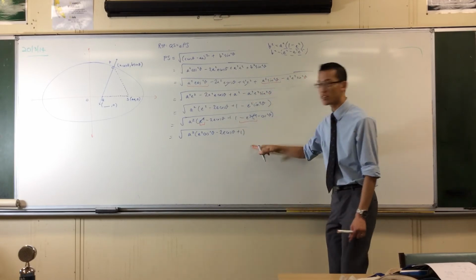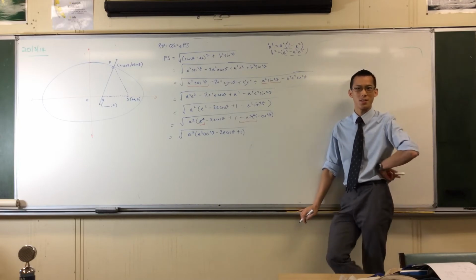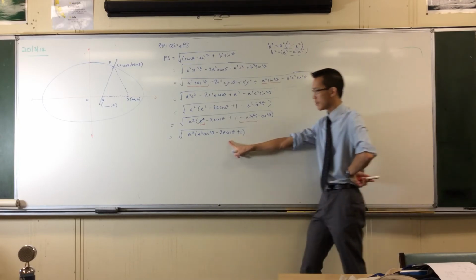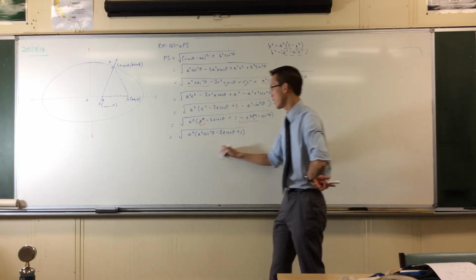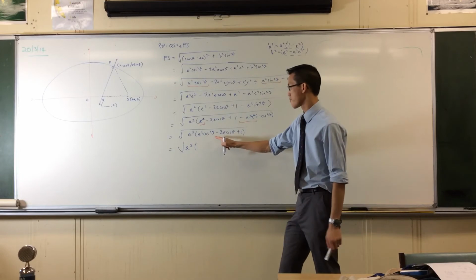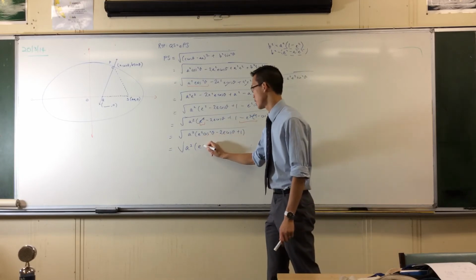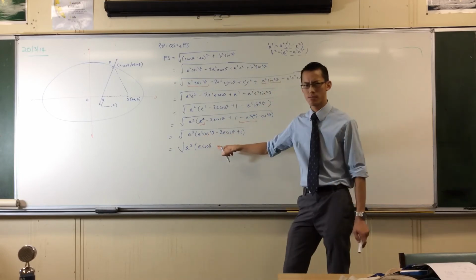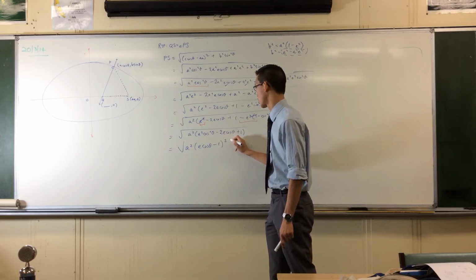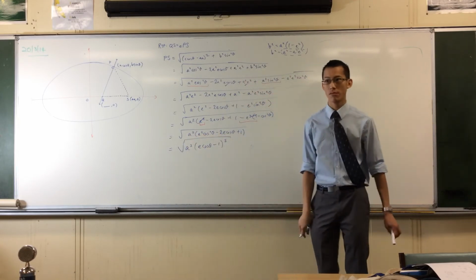Okay, and now that should make you look very suspicious, right? What can I do with this? This is a square, isn't it? This is a square here. So this is the square root of a squared times e cos theta minus 1, because of that minus sign, right? Minus 1, all squared. Is that okay?